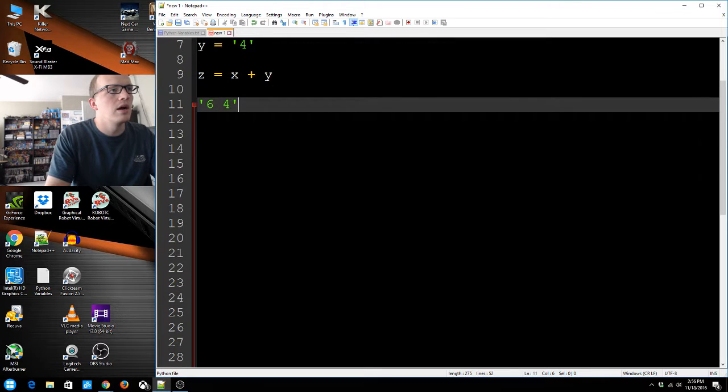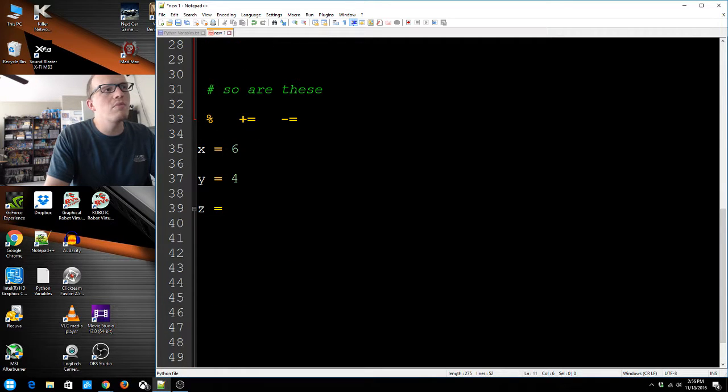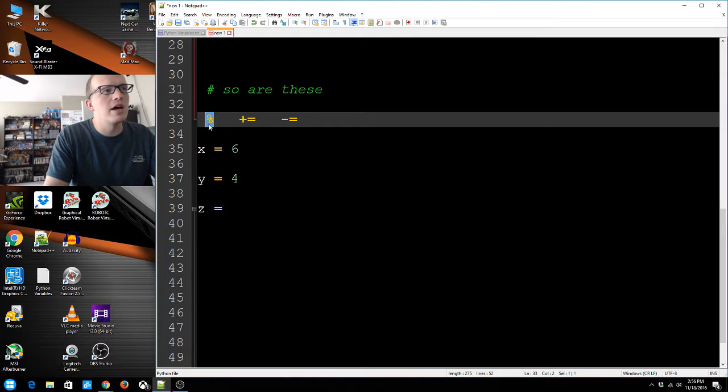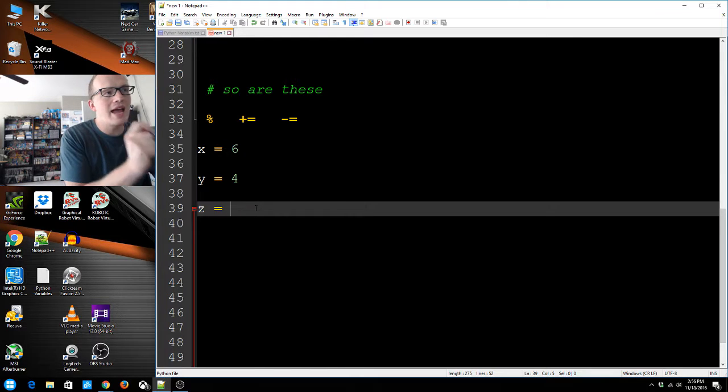Okay, all right. So now there are 3 more operators that are a little less obvious. All right, the first one is called modulo, and it just looks like a percent symbol. And a lot of people like to call this the remainder operator. They call it the remainder operator because whenever you run this, the answer is going to be equal to the remainder that's left after dividing the two numbers.